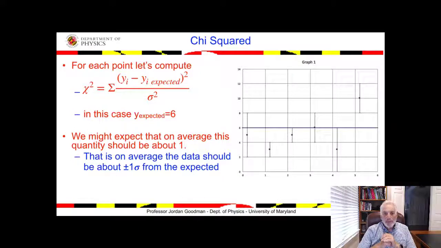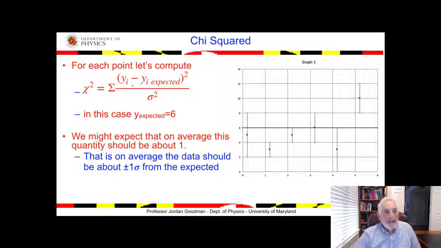What chi-squared says we do is compute, for each of the values, the sum of the value we got minus the value we expected, squared, over sigma for that uncertainty, squared. In this case, we were doing this test to see if our data lines up along 6, so we know what y expected is, 6.